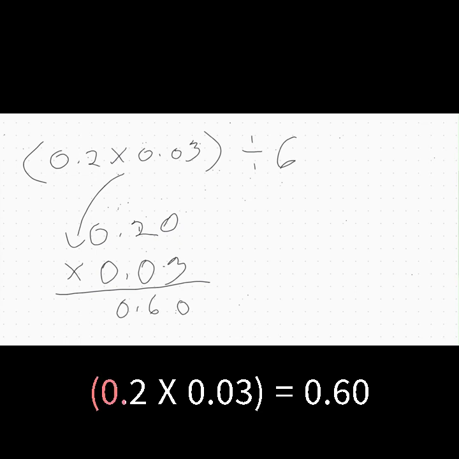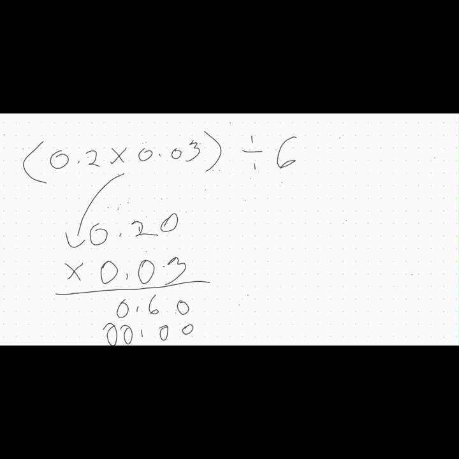Bring down your decimal. You're in your second row, so you want to put a 0 here. You're going to have 0, 0, 0. So what's in the parentheses is now 0.60.